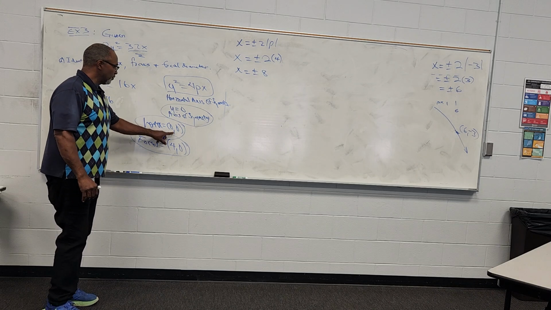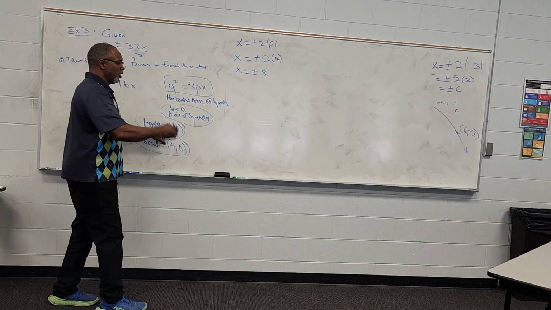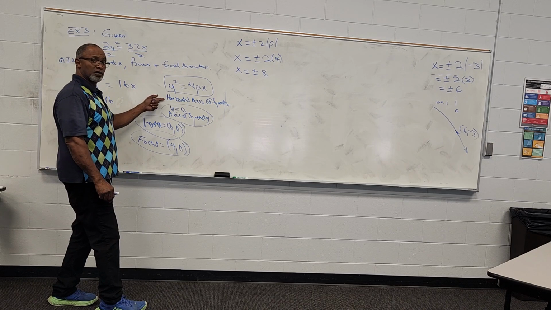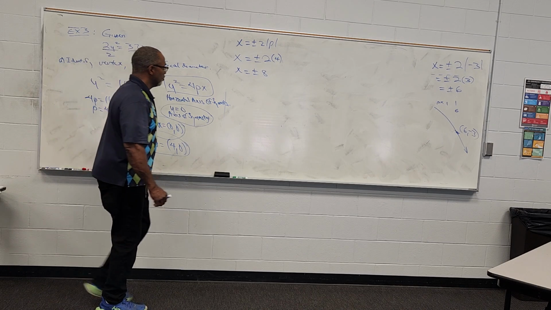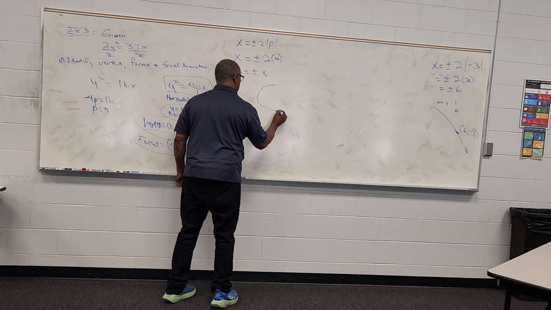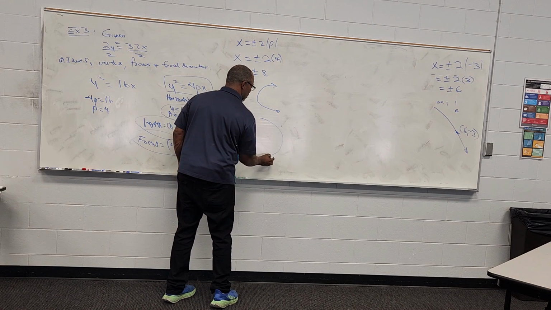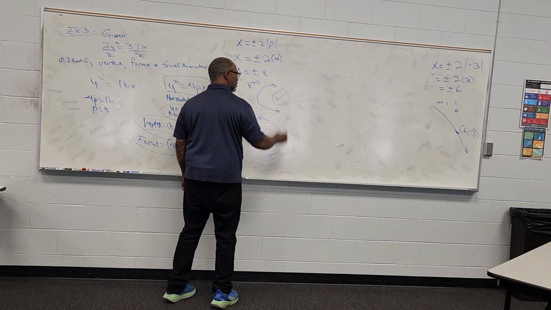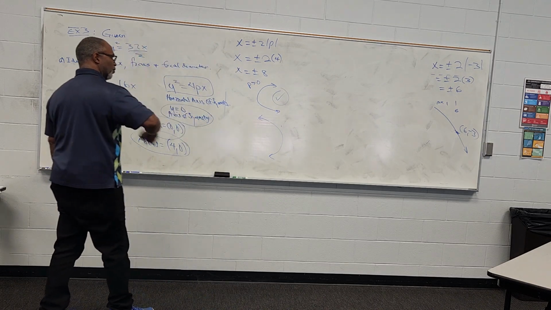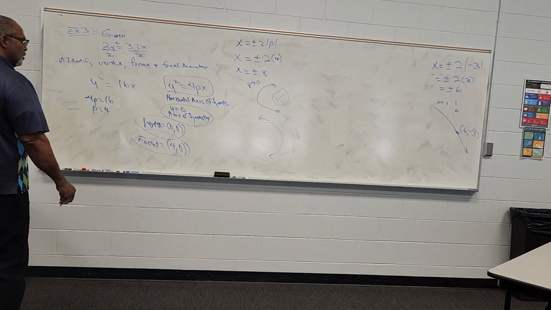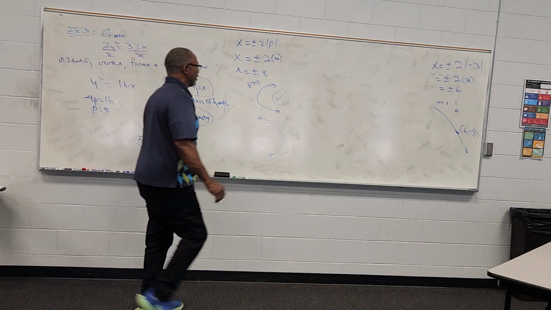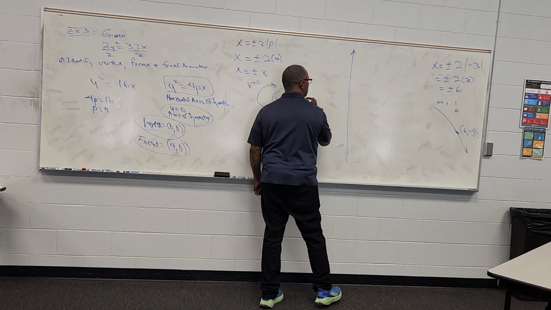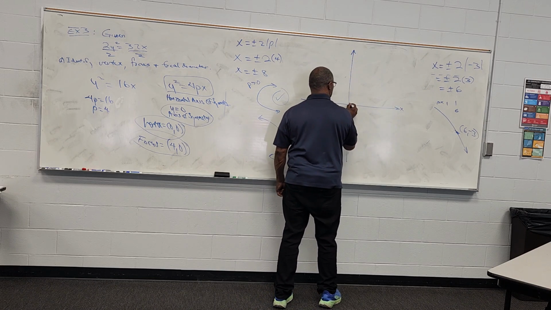So I'll go to my vertex. My axis of symmetry is horizontal, so my parabola will either open right or left. But since p is greater than 0, it opens to the right. So I'm going to plot my vertex at 0, 0.